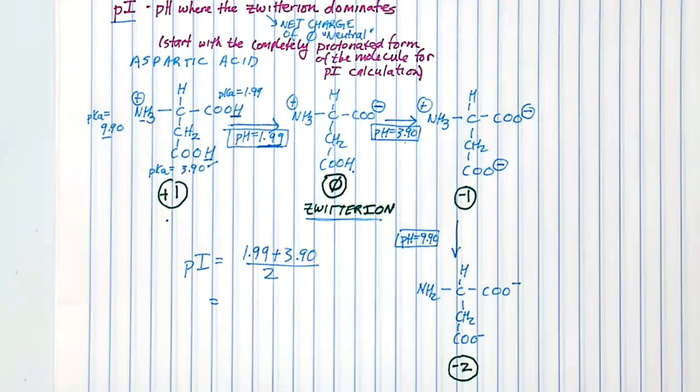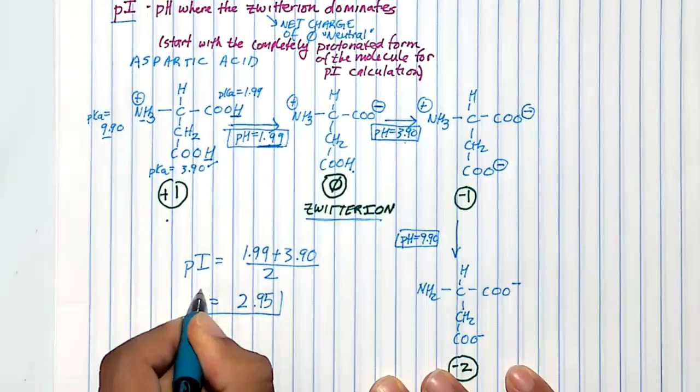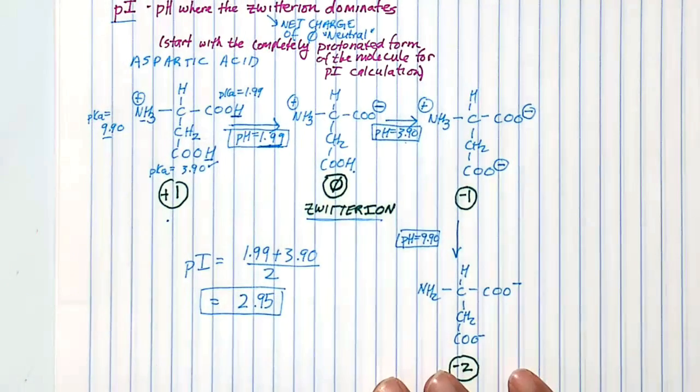I got a value of about 2.95. So the isoelectric point of aspartic acid is 2.95.